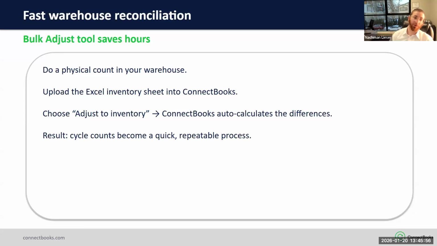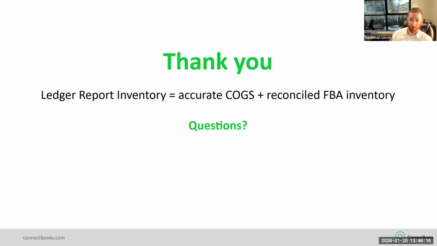Same thing also, as I showed you before, we have the ability to upload Excel sheets, and you could do cycle counts. We also have adjust to inventory, where ConnectBooks auto calculates the differences instead of you looking at how much stock there is in your inventory system and then calculating the difference. We will do that for you.